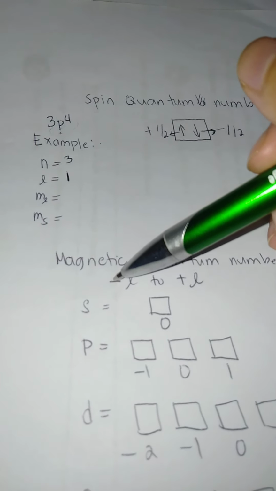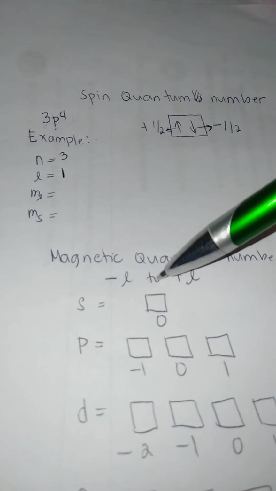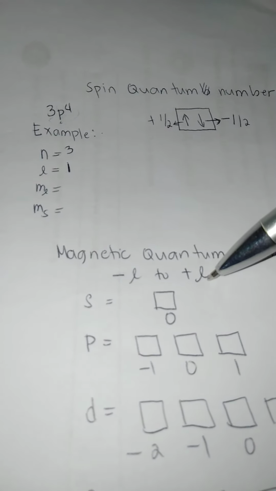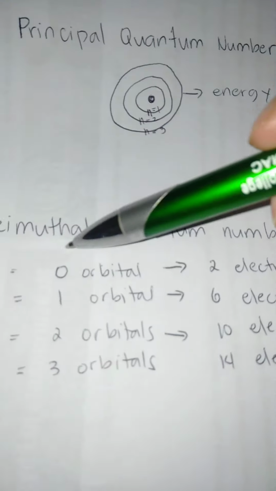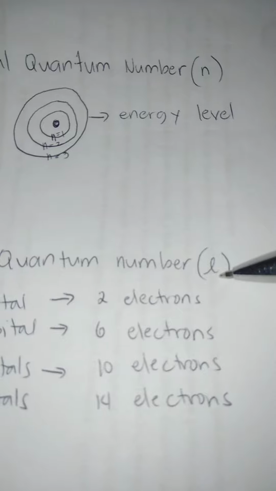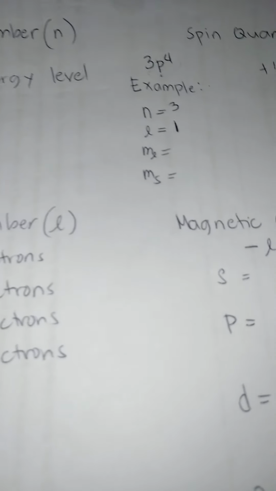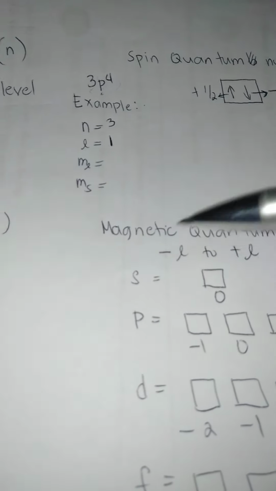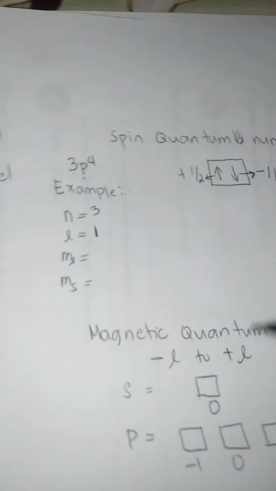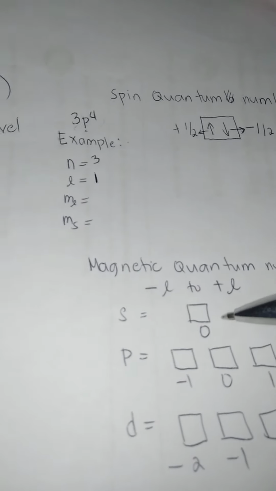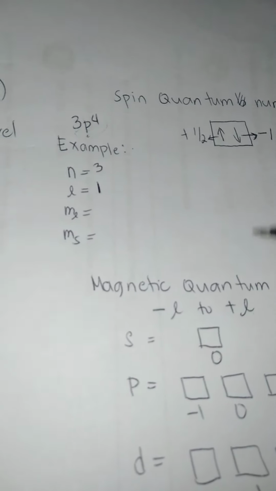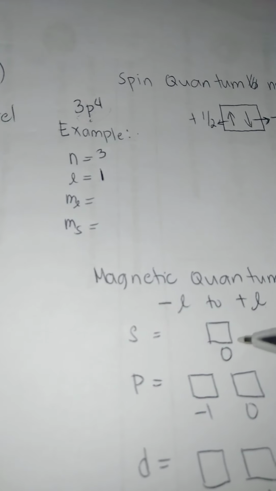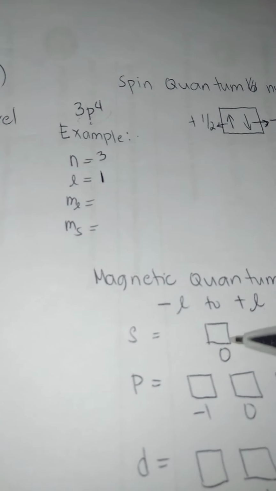It will start from negative L to positive L. It means that we will be using the number of orbitals from the azimuthal quantum number. So negative L to positive L. Let's start from letter S. There is no orbital in letter S, so it will just be 0. But in every orbital, it will only occupy 2 electrons.